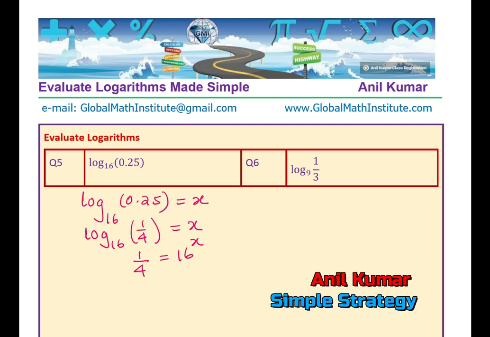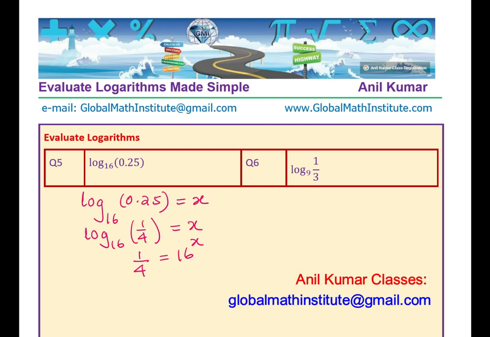Now how can I write 4 as a power of 16? There are different strategies to work with. What we can do is write both as powers of 2. That could be better. You could also write 4 as the square root of 16. That could be another way of doing it. But I prefer here to use a common base of 2.